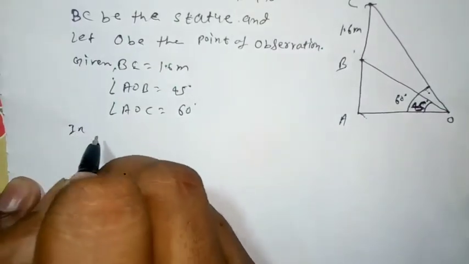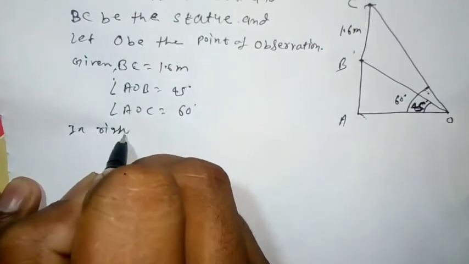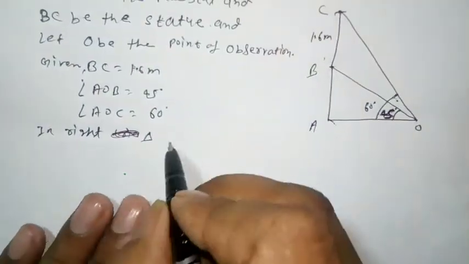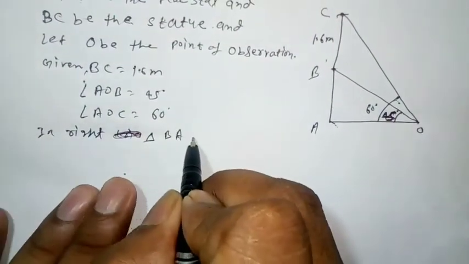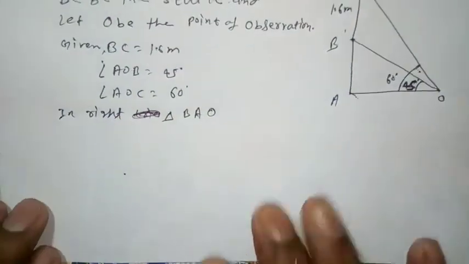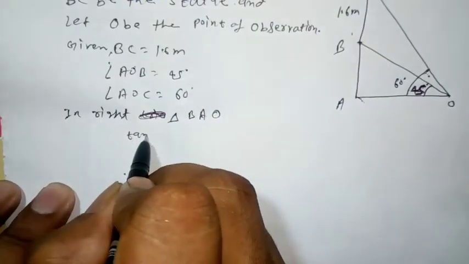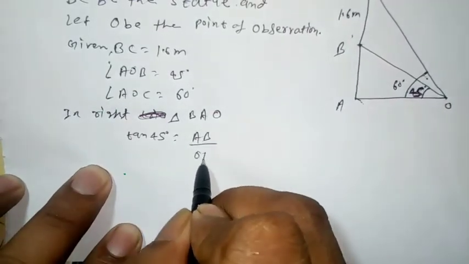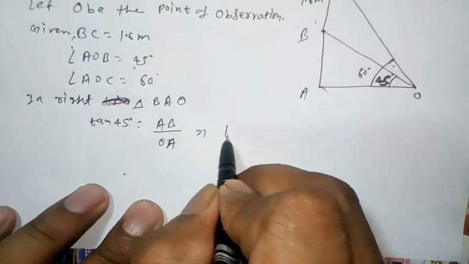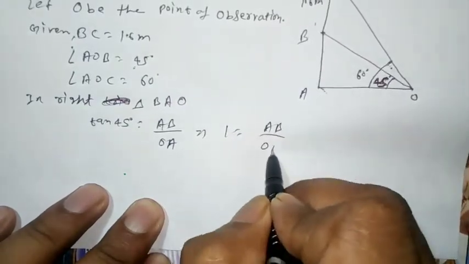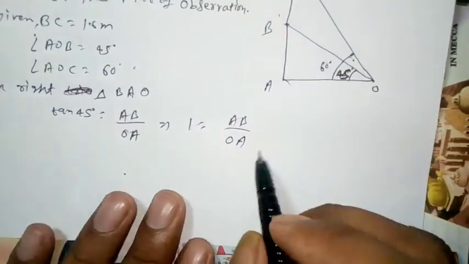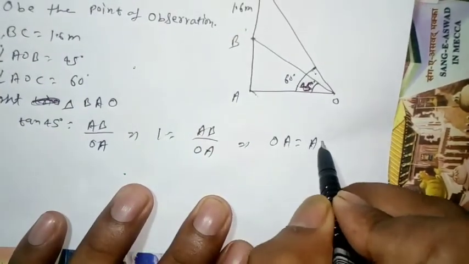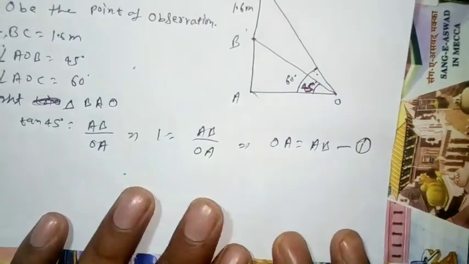In right triangle BAO, tan 45 degrees is equal to AB by OA, which implies 1 is equal to AB by OA, implies OA is equal to AB, from equation 1.